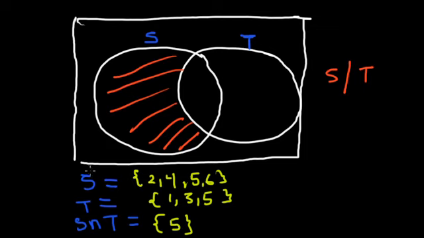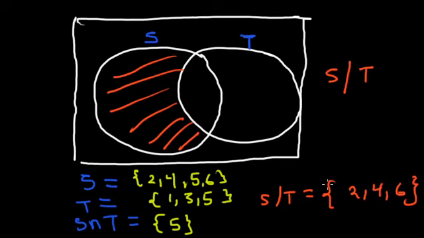Now, if the members of S are 2, 4, 5, and 6, and the members of T are 1, 3, and 5, of course, the S intersection T will be 5. The set difference of S and T, now take note of this carefully, will only be the members 2, 4, and 6.